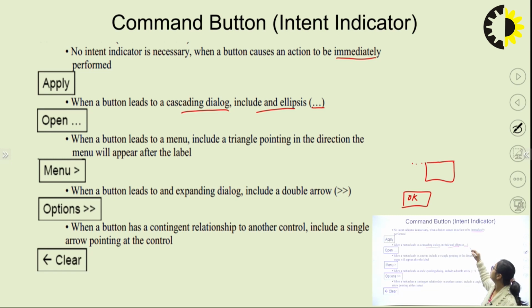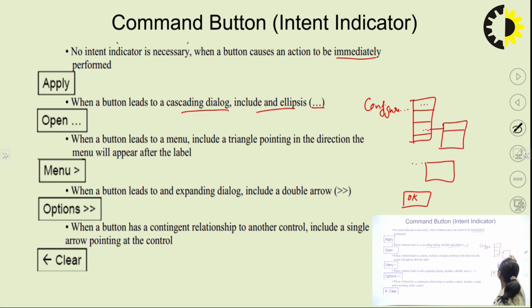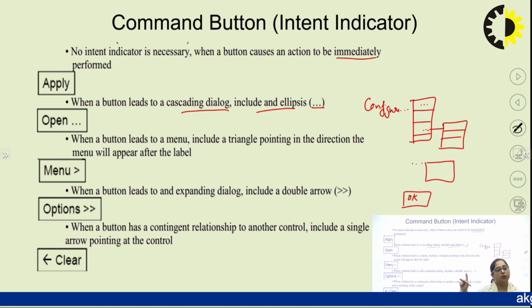These ellipses show the cascading dialog box. Suppose this is configure, with three ellipses. When you click on this, another dialog box appears, and again this dialog box contains the ellipses in some places. So, when you click this, another dialog box appears. So, this is the cascading dialog box.